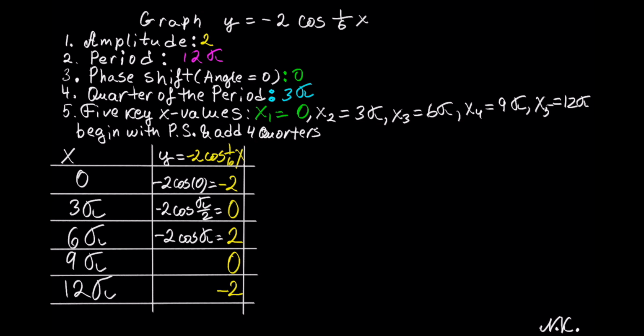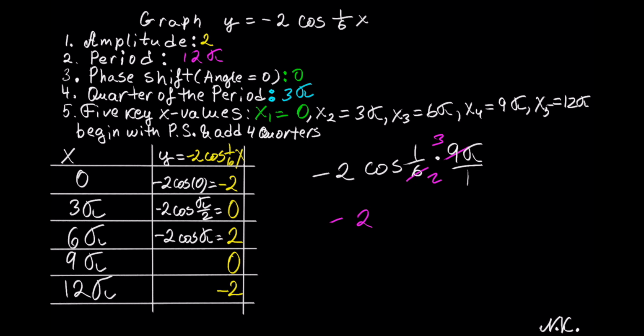The next y value can be calculated by taking -2 cosine of 1/6 of x and substituting 9 pi in there. 9 pi is over 1. Both 6 and 9 can be reduced by 3, so 6 divided by 3 is 2, and 9 divided by 3 is 3.